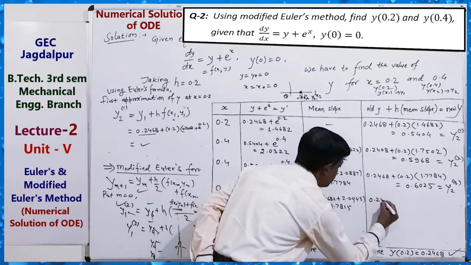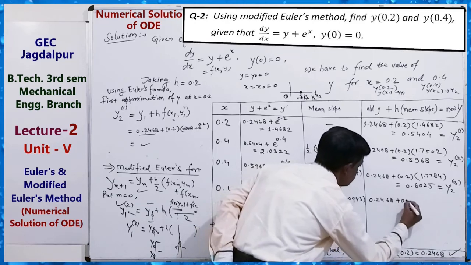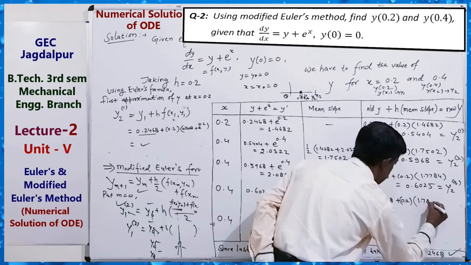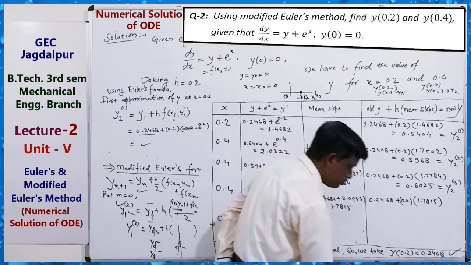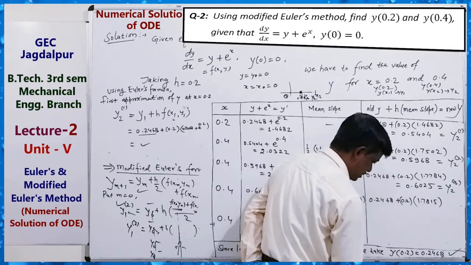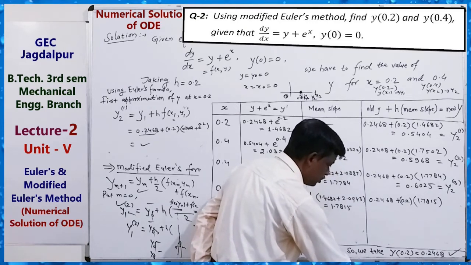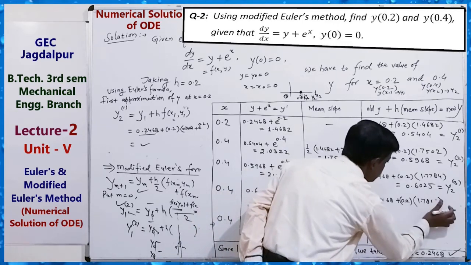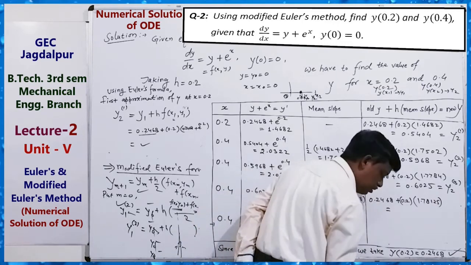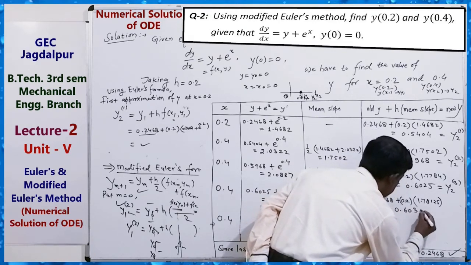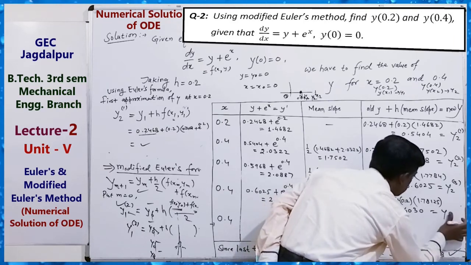Now here common value 0.2468 plus 0.2 into this slope 1.7815 is equal to, you can calculate it, 0.6030. This is what? Y2, fourth approximation.